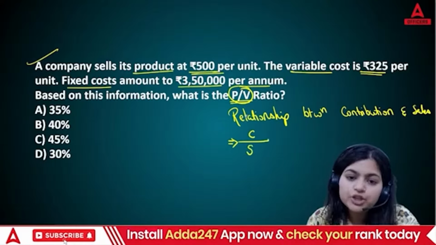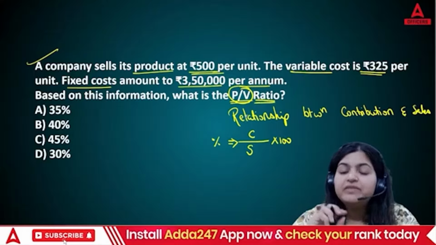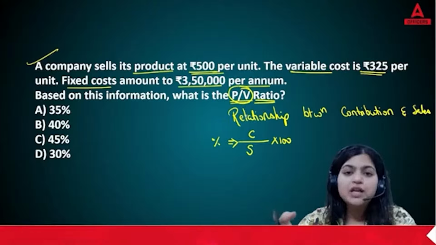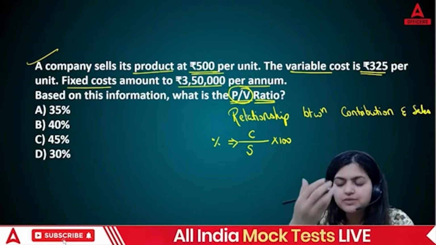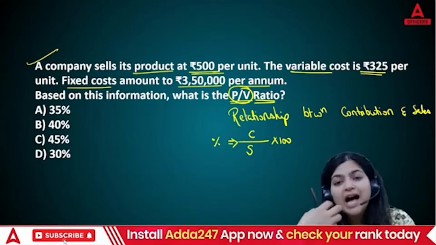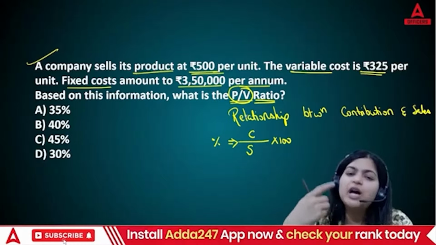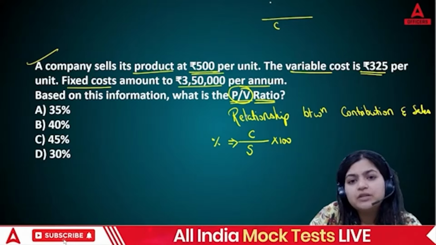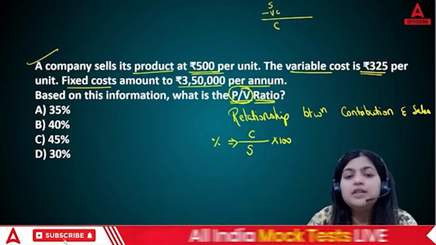We are calculating a ratio, so you are going to receive the answer in percentage. Remember, PV ratio tells you the relationship between sales and contribution. Whatever quantity you are selling, whatever selling price you are earning, how much surplus you are generating. And how to get contribution? Contribution you can calculate by taking sales minus variable cost.